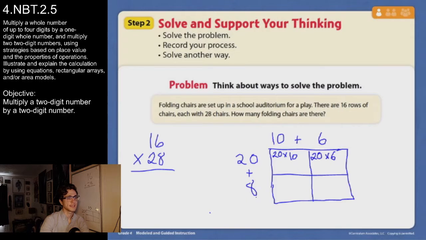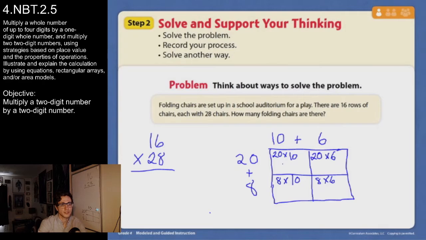We have 8 times 10. And then 8 times 6. Now once we look at it like this, we can start to fill in each box here to determine how many folding chairs are in the school auditorium.